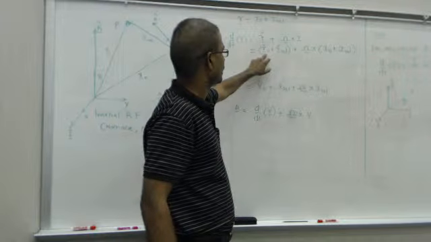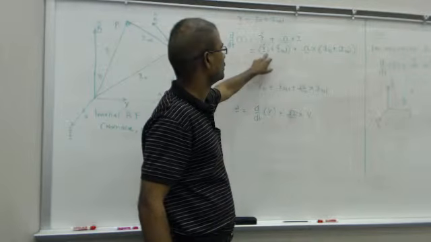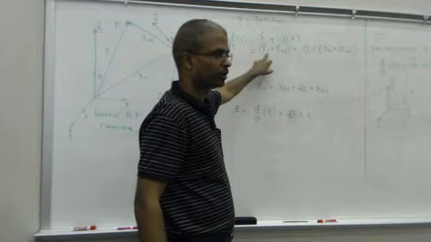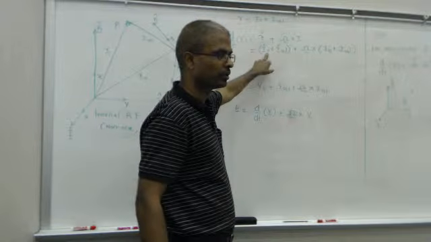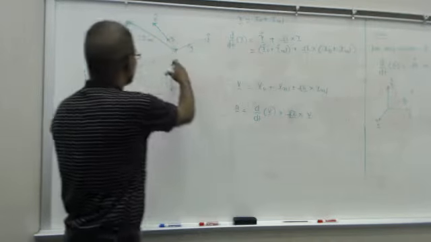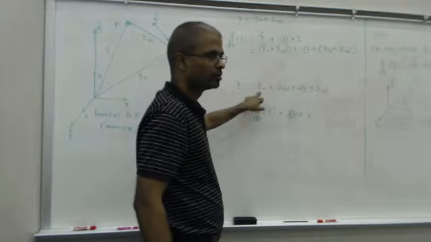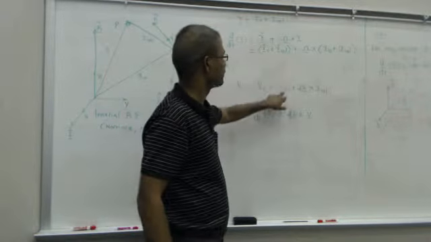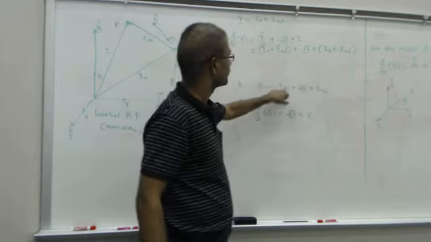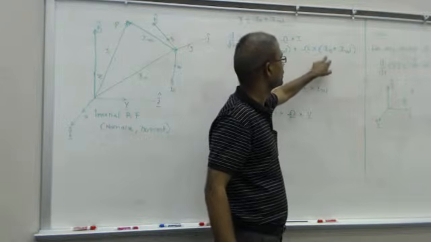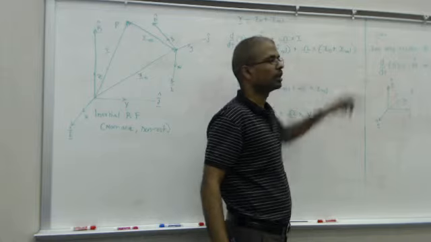I have represented R naught, the local derivative of this is this, plus this is this. Correct? Omega cross with R naught plus R relative.